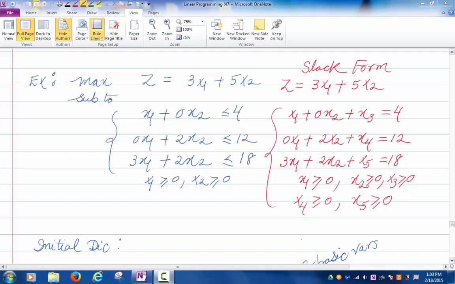And then you write down your first dictionary. The first dictionary means you look at the functional constraints in the slack form, solve for the basic variables in terms of the non-basic variables, and you are going to get your initial dictionary.